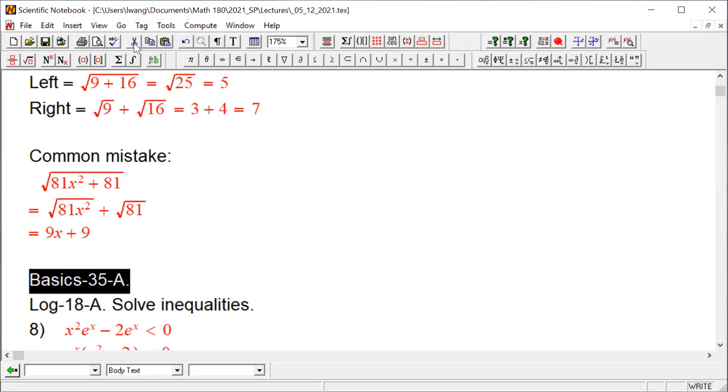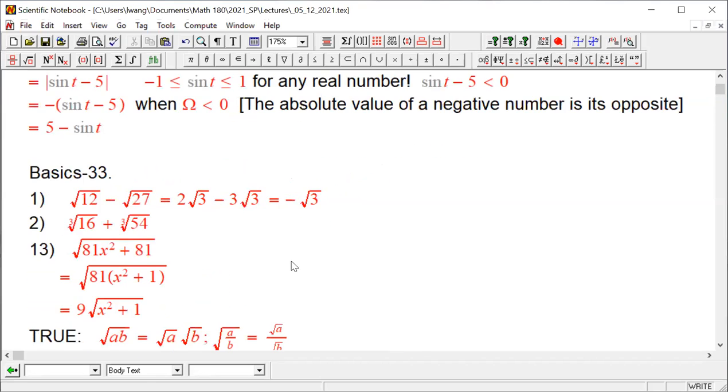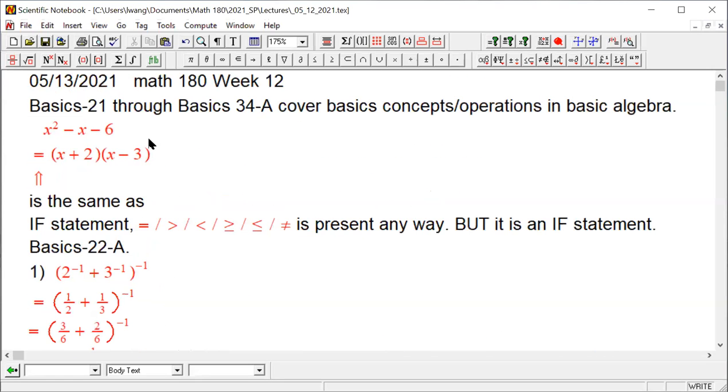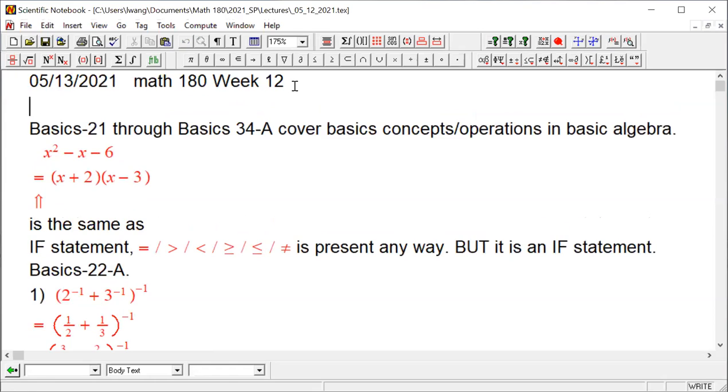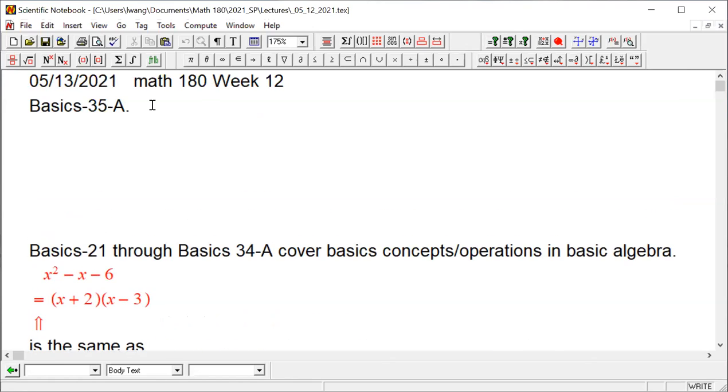So finally, we get to handle 35A. Let's move on to 35A. 35A is calculus 1 for real. The steps we are going to perform here are going to be part of your calculus tasks.